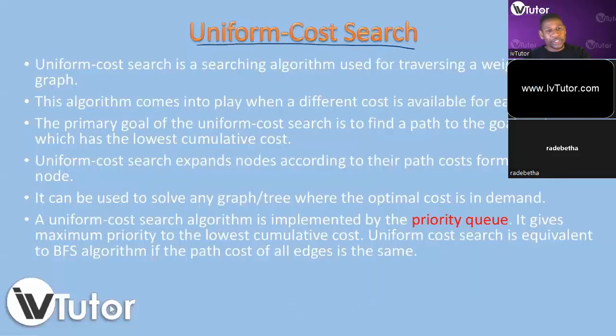Uniform cost search is used when we have a weighted tree or graph or weighted state space, right? When I say weighted, I mean that a specific path from point A to point B is so many kilometers, or so much money and so on. So you have a weighting of all the different paths at your disposal. So this is when you use uniform cost search.